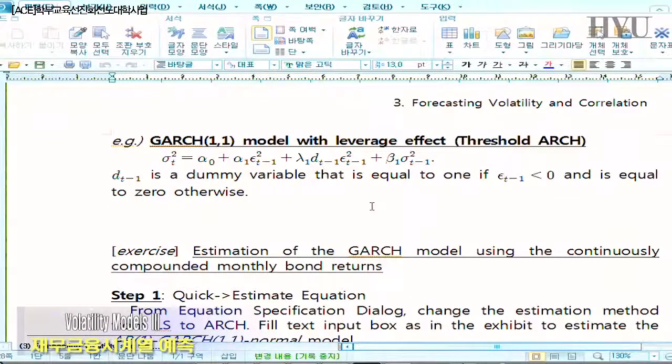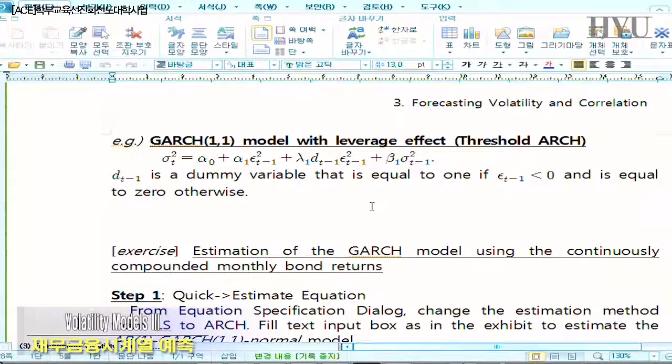If you believe that the transaction volume in the previous period is important in the determination of current volatility, then you can use previous volumes of trade as one of the regressors on this side. So if we have some exogenous variable x known at t, then you can add that variable here.